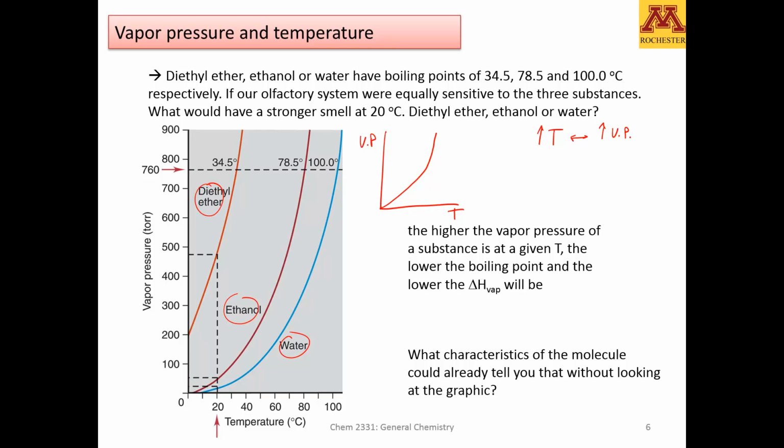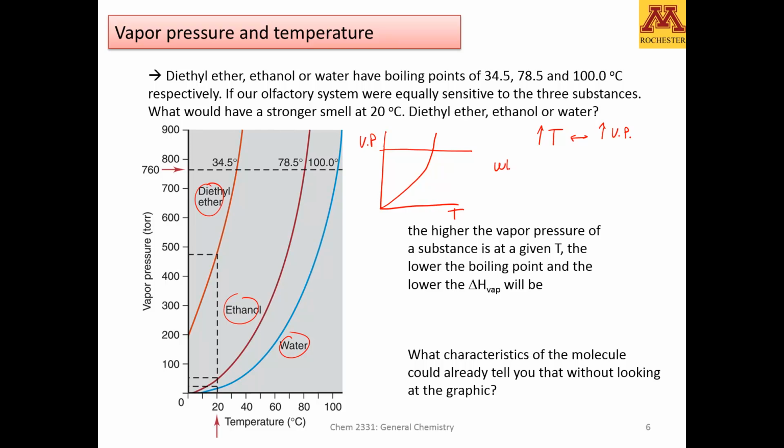That should make sense, because the higher the temperature, it is more likely for molecules of liquid to abandon the liquid phase into the gas because they have more energy. That should make sense. And what happens when the vapor pressure is equal to the atmospheric pressure?